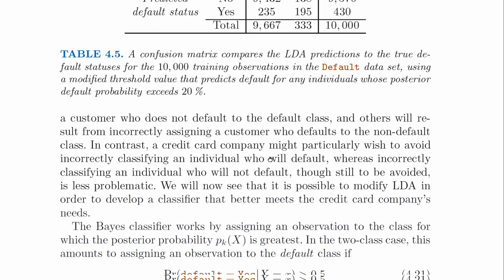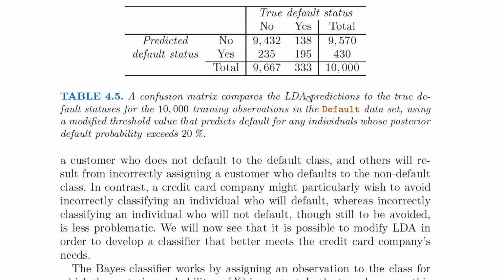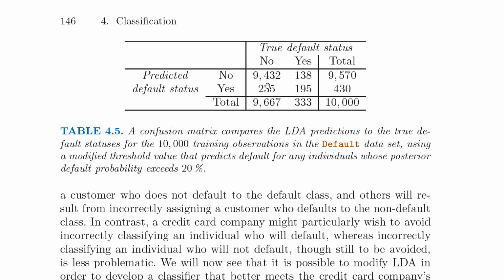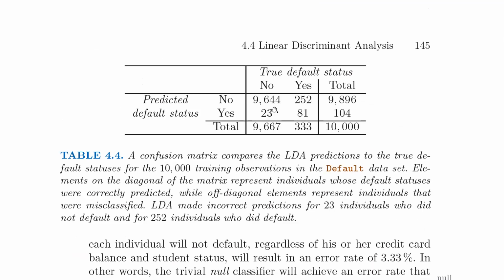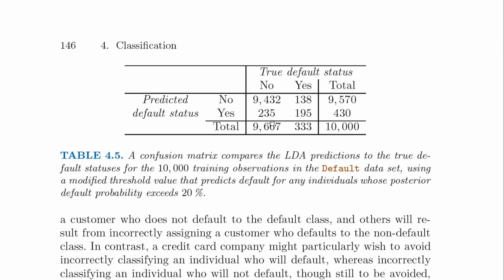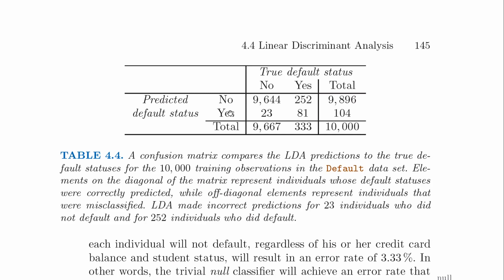Okay. So now we have this table. Now this is doing a much better job, isn't it? Of course, if we compare them, instead of misclassifying 23 no's as yes, it's classifying a lot more. It's classifying 235 true no's as yes.